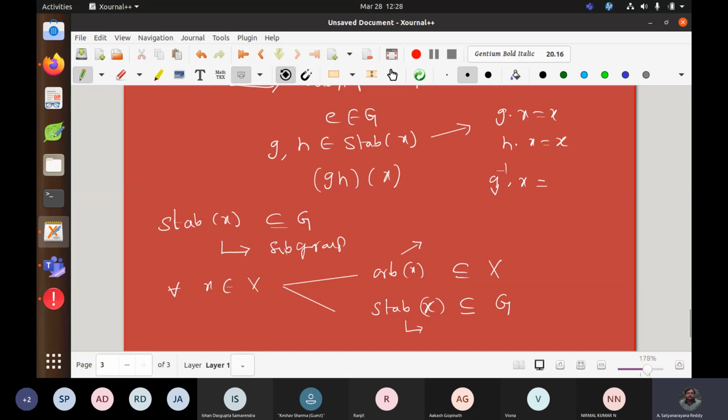These are very crucial. These are our hero and heroine, the main ingredients in the entire cinema. The orbit of x is the set of all elements to which x is mapped, that is, G·x. And the stabilizer of x is all those elements in the group which fix x. This is small x.